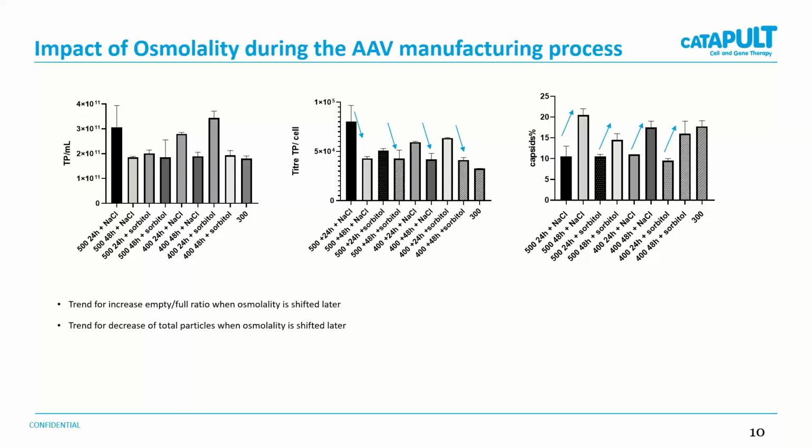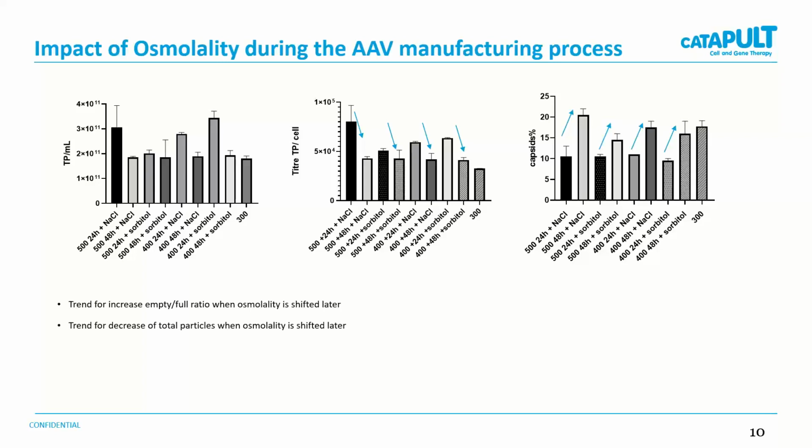On the middle graph, you can see the specific total particle titer. And you can see a trend for a decrease in total particle when we shift osmolality later in the process, so at 48 compared to 24 hours.